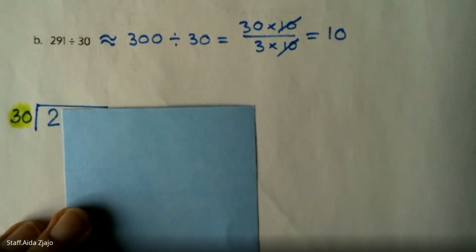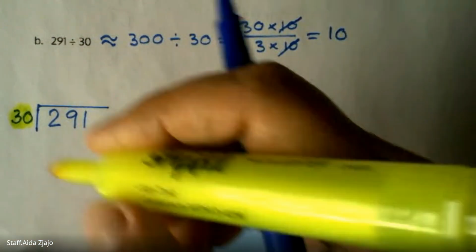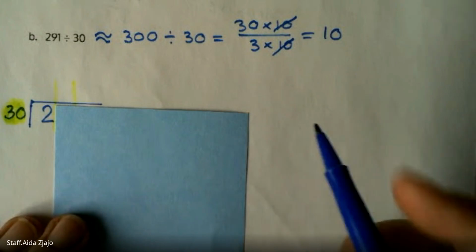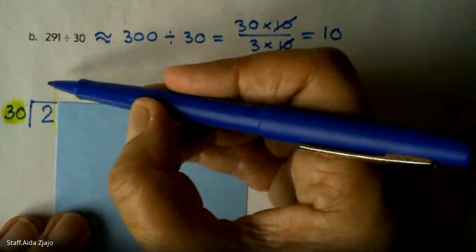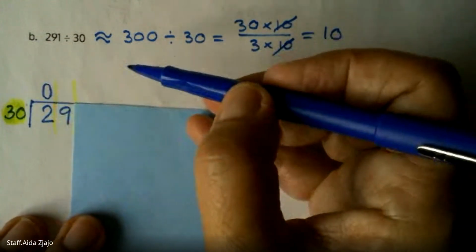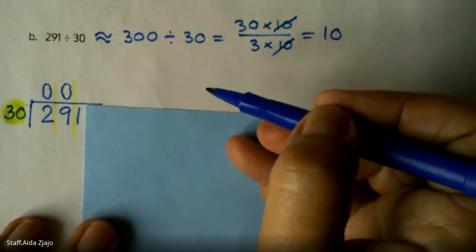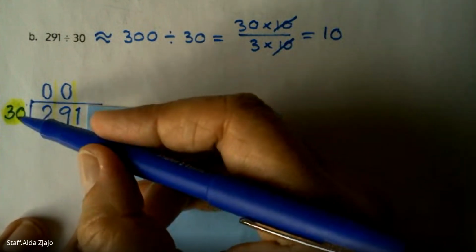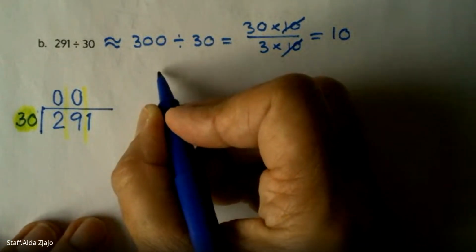No. I like when the kids go one number at a time, like a procedure. If I have 2, can I make groups of 30? No, I can't. If I have 29, can I make groups of 30? No. But if I have 291, how many groups of 30 are in that number? It's as simple as that.